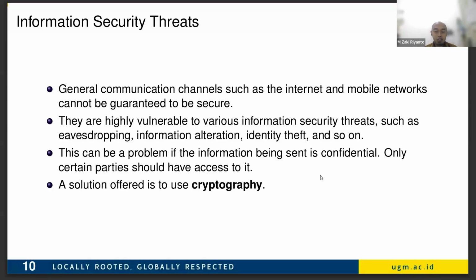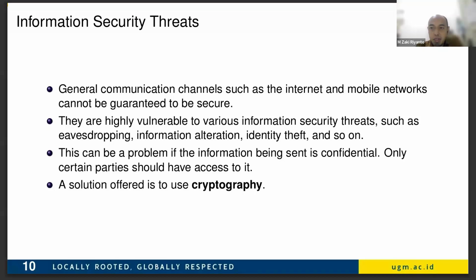So we have an issue about security threats: the internet and mobile networks cannot be assured to be secure.